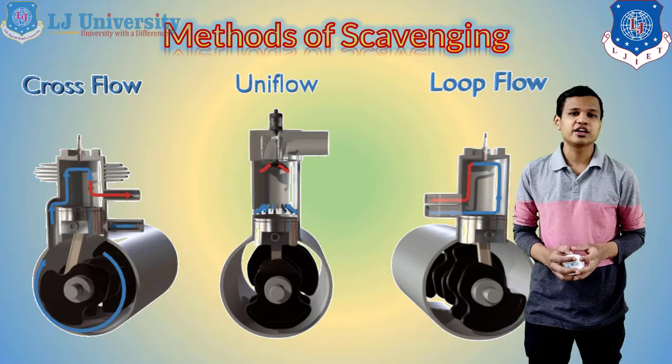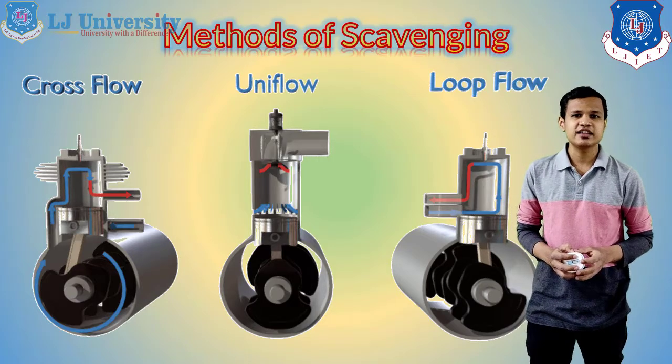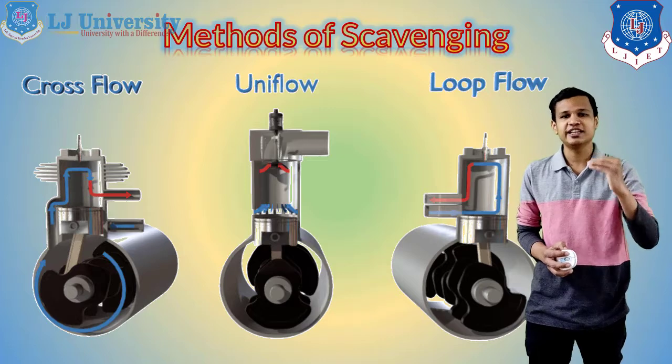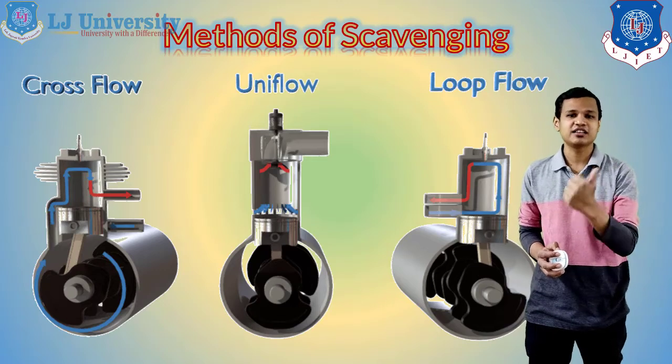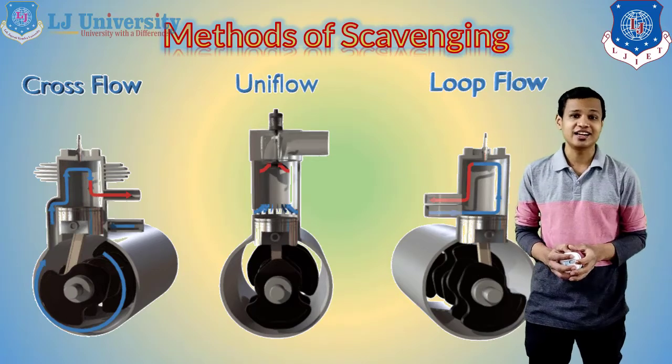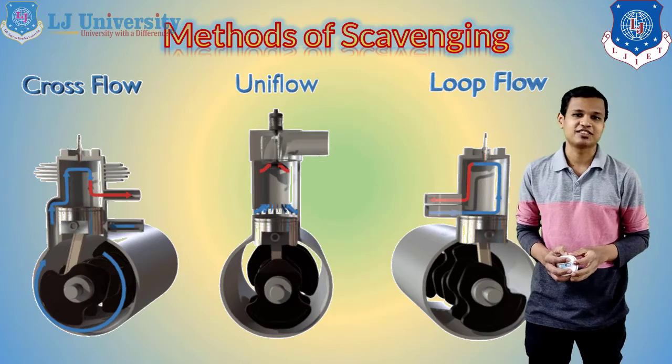In the last figure, you can see the loop flow scavenging. In loop flow scavenging, the exhaust and inlet ports are given on the same side, one below the other. In the first figure, you can see the inlet is on the left side and the exhaust is on the right side. But in the case of the loop flow, both are given on the left side.